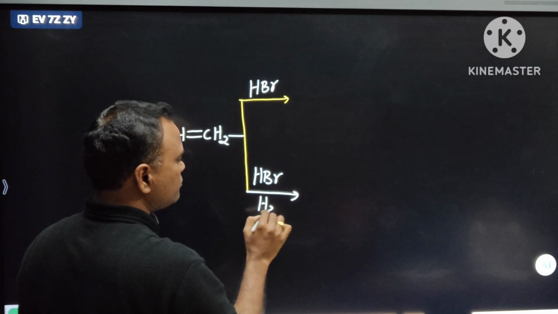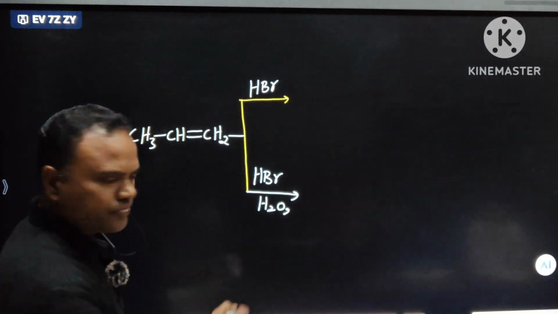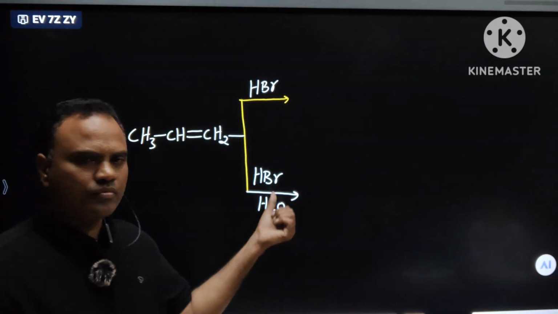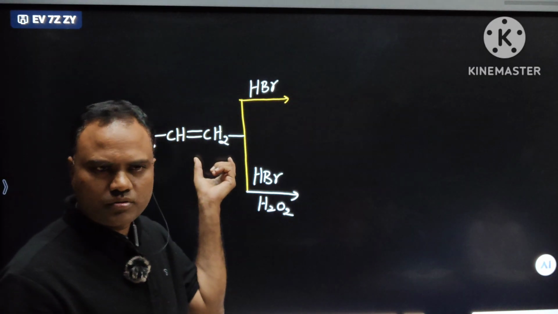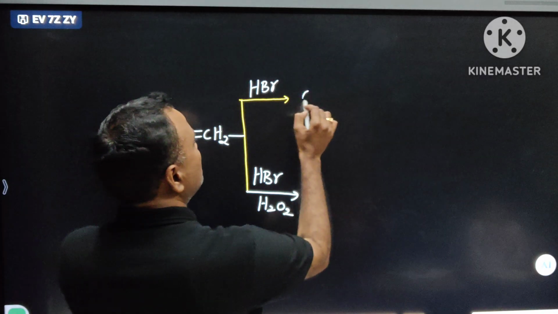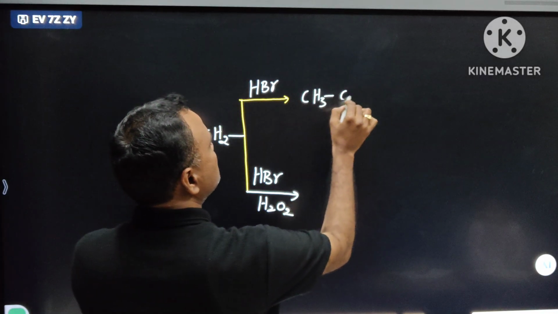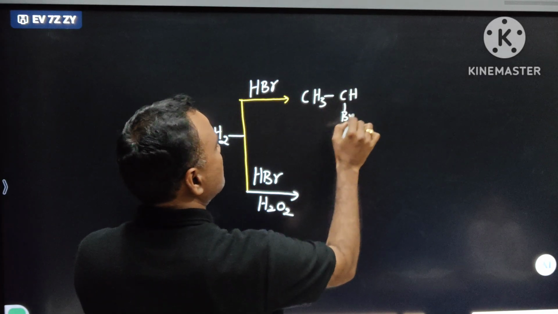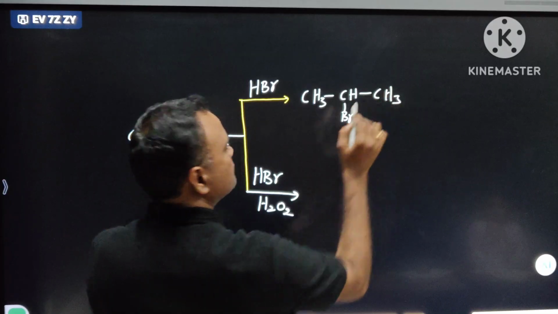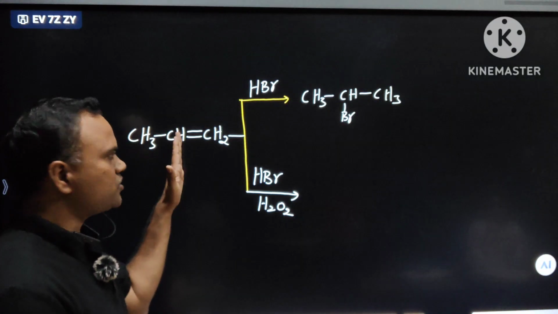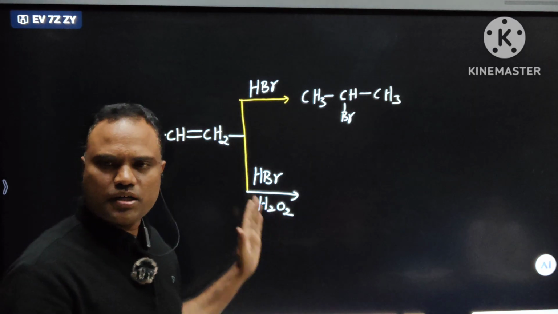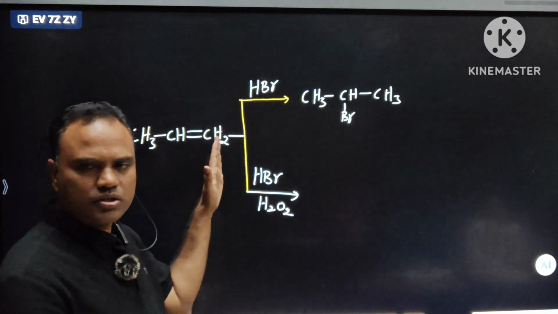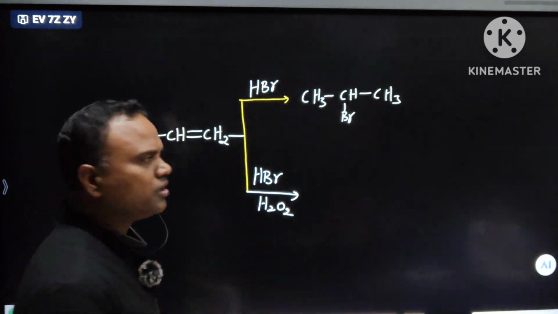HBr, H2O2: anti-Markovnikov's rule. Markovnikov's rule: here we will get CH3, CHBr, CH3. Negative part adds to carbon with fewer hydrogens. Here in anti-Markovnikov's, the negative part adds to carbon with more hydrogens.